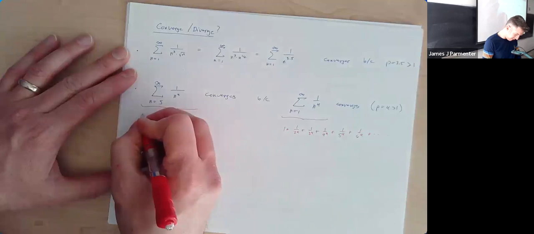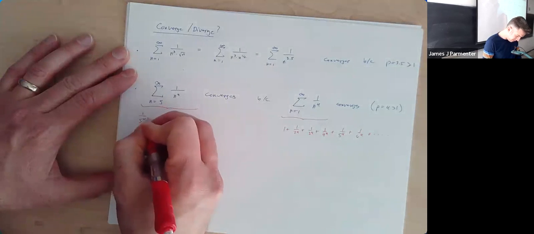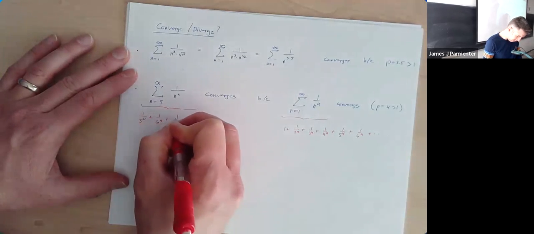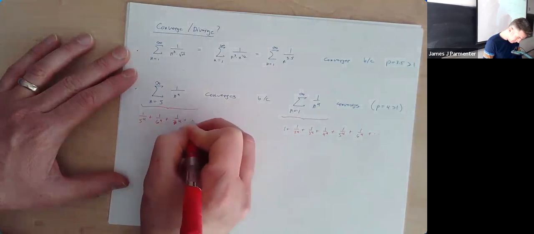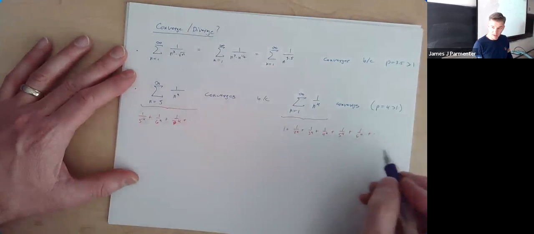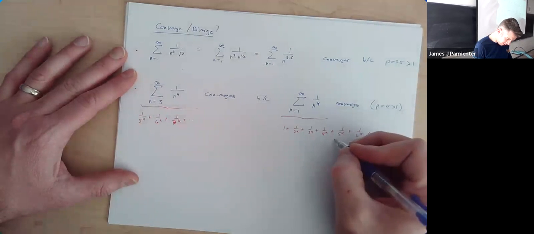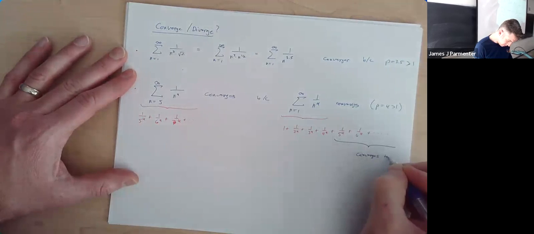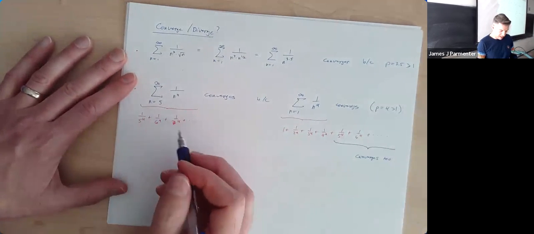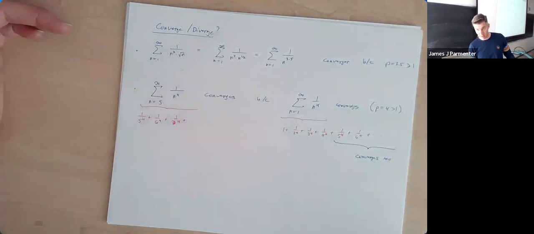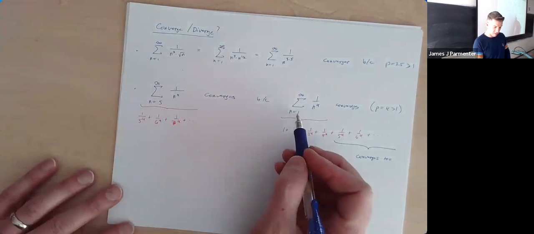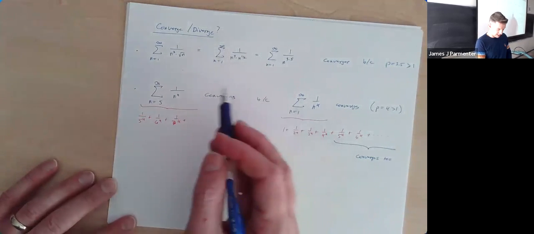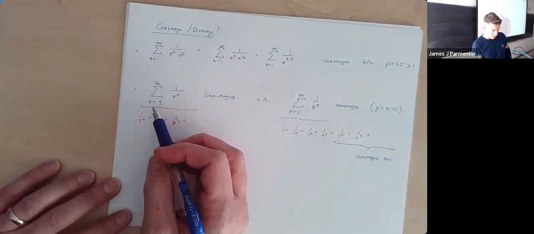Here I'm just starting off with 1 over 5 to the 4th, plus 1 over 6 to the 4th, plus 1 over 7 to the 4th. But if all of this converges, then certainly this part here converges too, which is just this part over here. So basically, you can really start wherever you want. If some series converges, a series that has fewer terms will also converge.